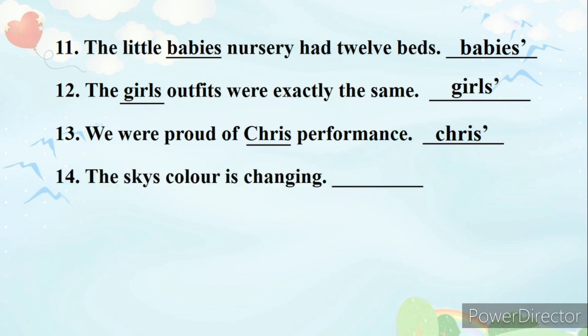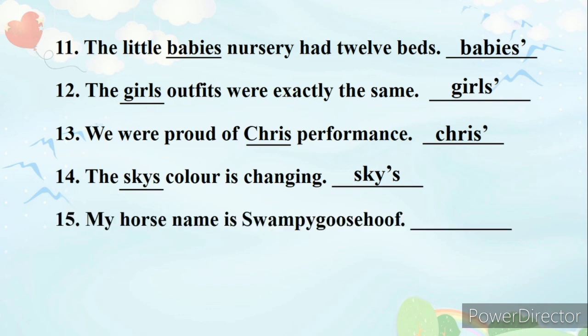14. The sky's color is changing. Which is the noun here? Sky. So you have to underline sky, and the possessive form will be sky's, adding apostrophe and s. 15. My horse's name is Swampai Goose Sihoof.